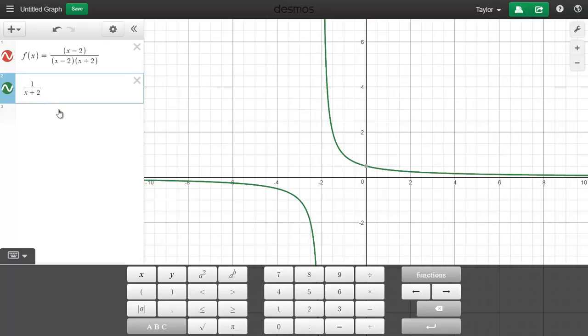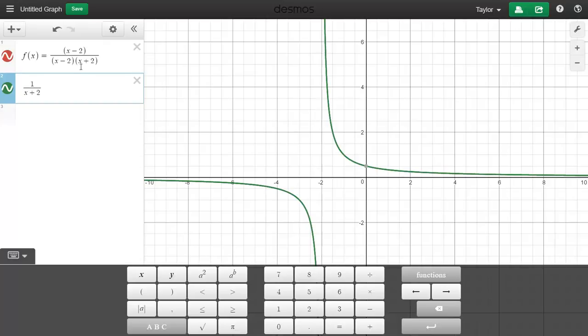Now, what discontinuity is resulting of the x plus 2 factor? It's the x value that makes that denominator 0. So negative 2 is the discontinuity that results from this factor. So just be careful, it's kind of counterintuitive, different from what you might think. But just remember what you would be doing: you would be solving this little mini equation equal to 0.